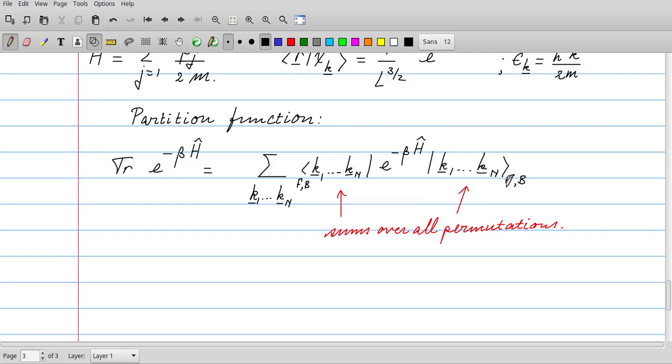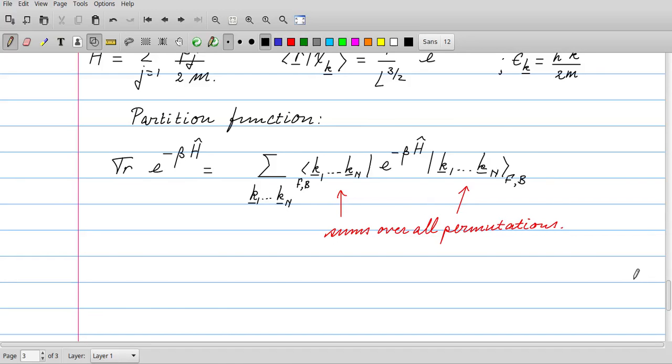So these are not simply k1 up to kn, particle 1 being in k1 and particle n being in kn. No, these are the symmetrized or anti-symmetrized states that we have seen above. And so these are sums over all the permutations, and in the case of fermions they get a sign for the permutation, and in the case of bosons each permutation gets a +1, so there's no sign change there.